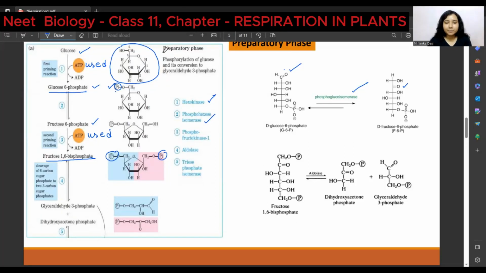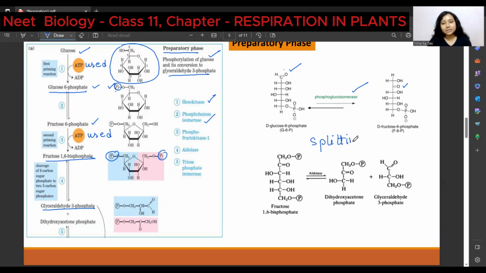So we can see in the preparatory phase, phosphorylation of the glucose and conversion of glucose into glyceraldehyde 3-phosphate. So how the glyceraldehyde phosphate is forming, you must be wondering. After fructose 1,6-bisphosphate is forming, the aldolase is going to work, and there will be a splitting.